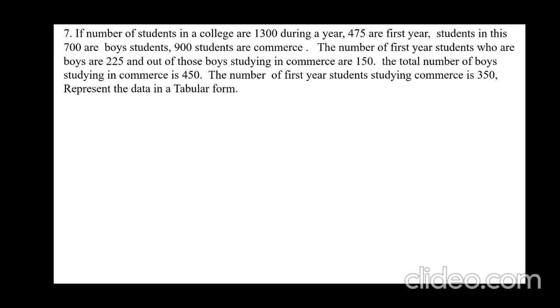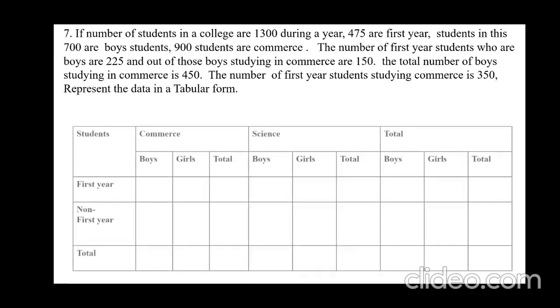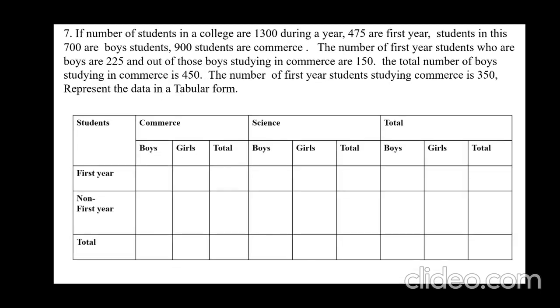This is another one, in a college. These are problems for your understanding. You can follow the same format. Look at that. 1300. First year is 475. According to the question reading, I put the information. Students in the group, 700 were boys. Boys is 700. 900 students are commerce.